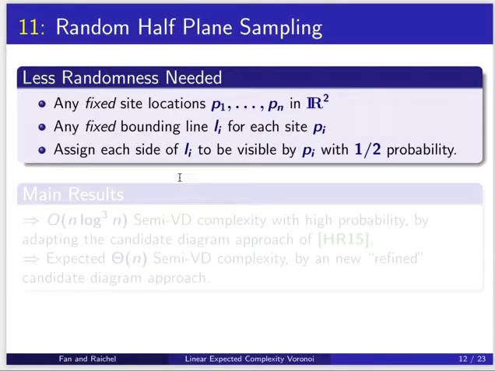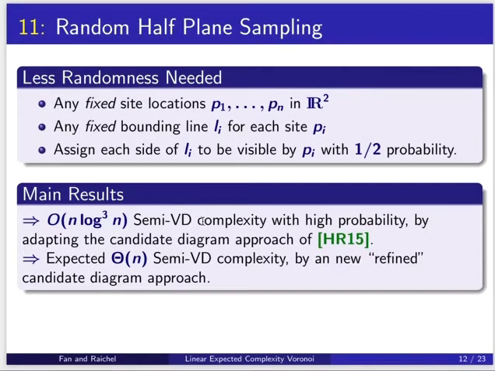In fact, we already need a less random model. In this model, every set location is fixed. Also, the bounding line for each set Pi is fixed. The only randomness here is which side of Li is visible to Pi, each with 1/2 probability.